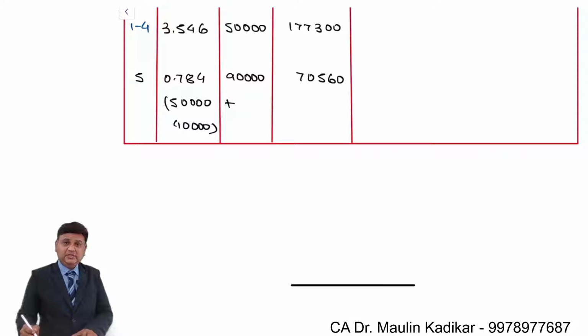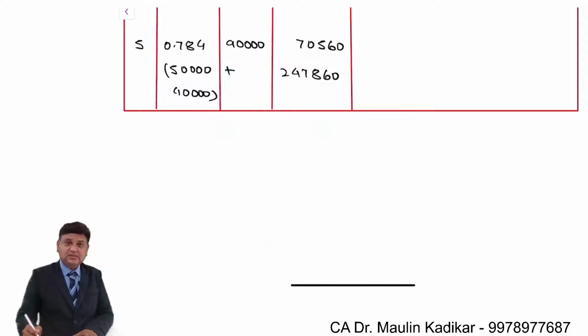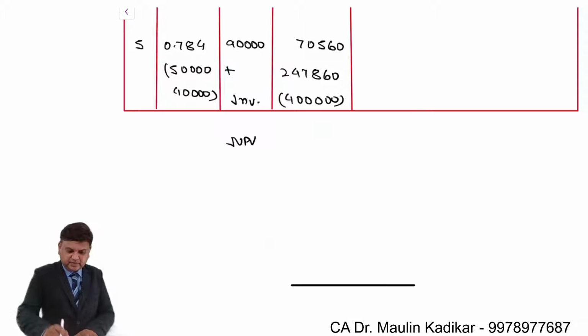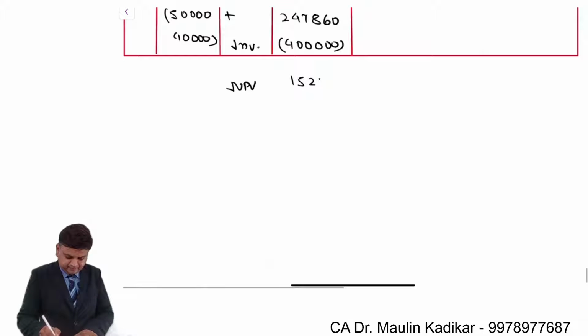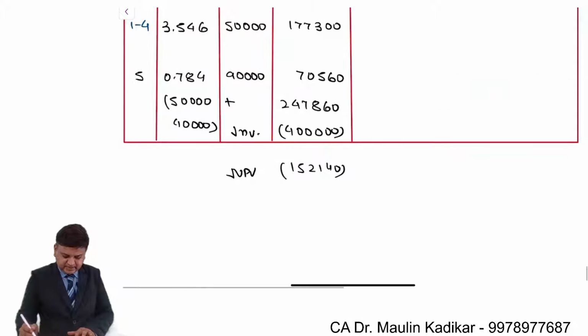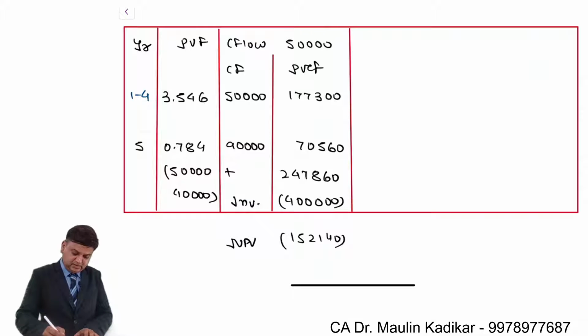So 2,47,860. This is the present value of the cash inflow, and against that the investment is required to be made of 4 lakhs. So we get NPV which is negative 1,52,140. This is the way NPV in the first situation will be calculated.